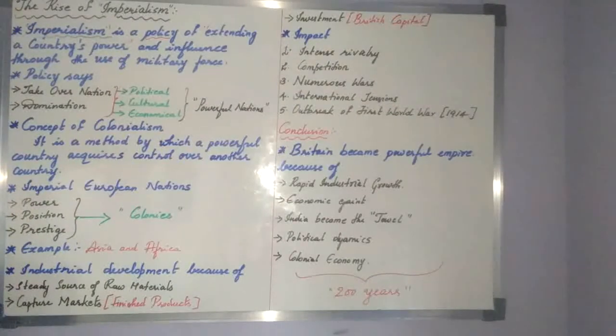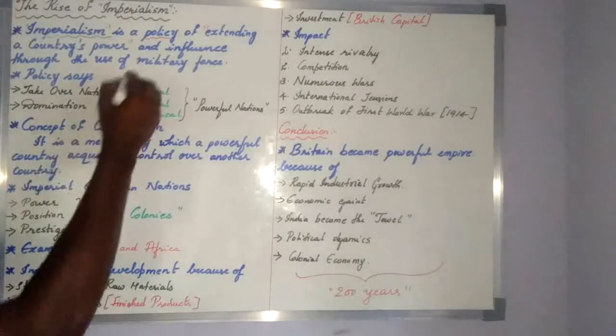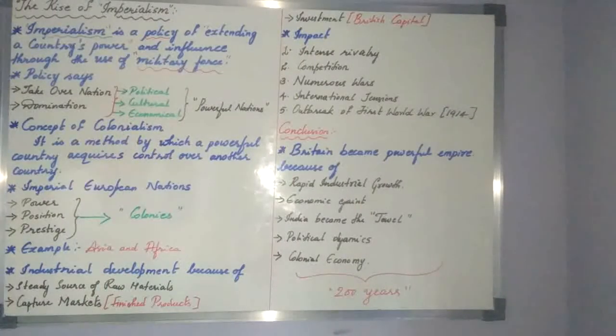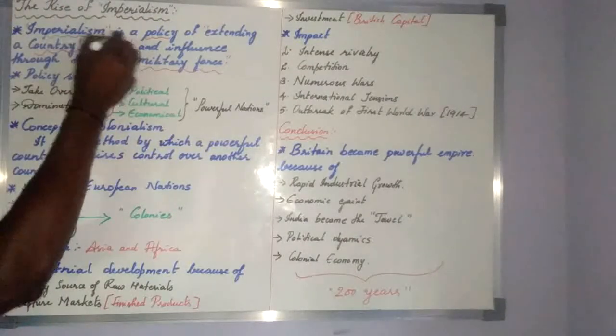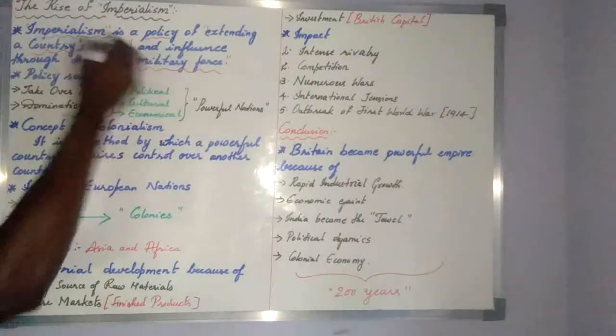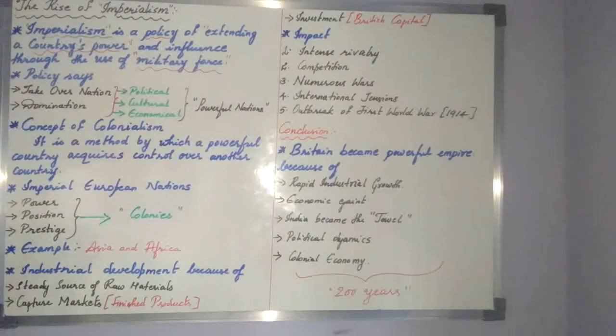One country's power is extended to another country, or it influences the other country by using military force. That's nothing but imperialism. Imperialism is a kind of policy of extending a country's power. My country's power, I am influencing another country by using military power. That's nothing but the imperialism concept.